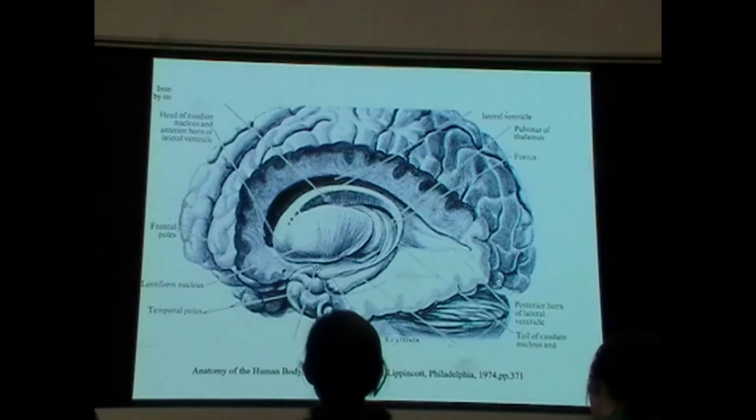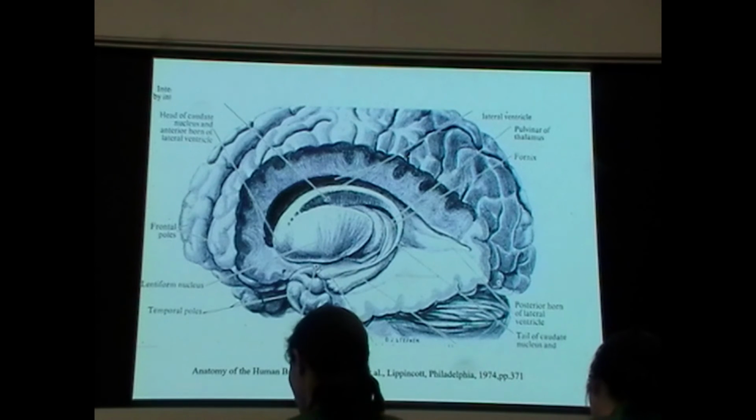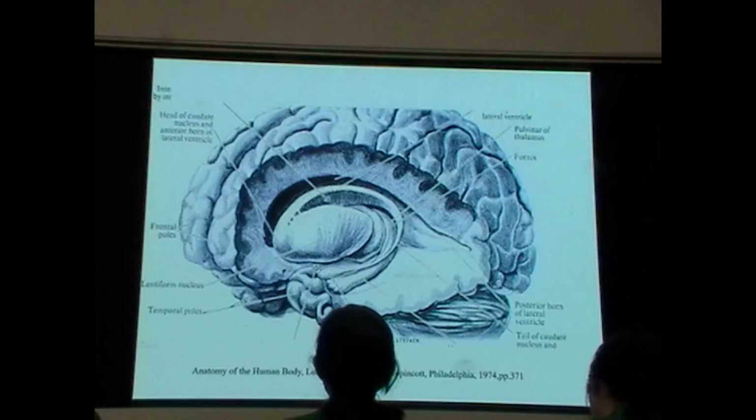Here we see it looking from lateral to medial. We've cut out the side of the cerebral cortex, primarily from the lower frontal and parietal lobes, and we see this nucleus right here. That's the outside of the putamen. Inside of that would be globus pallidus, and you can't see that.